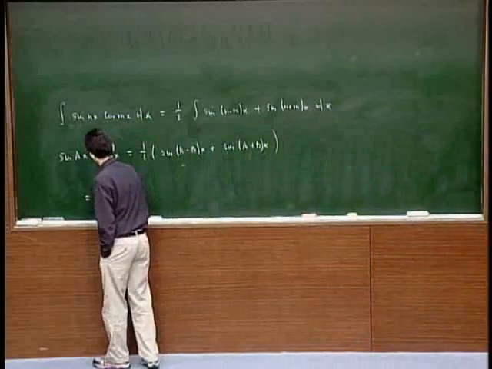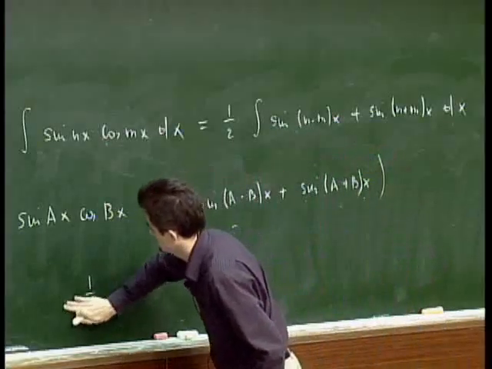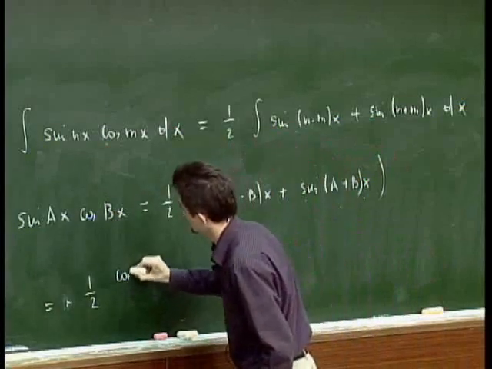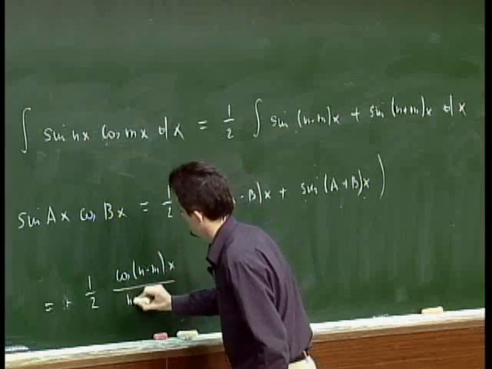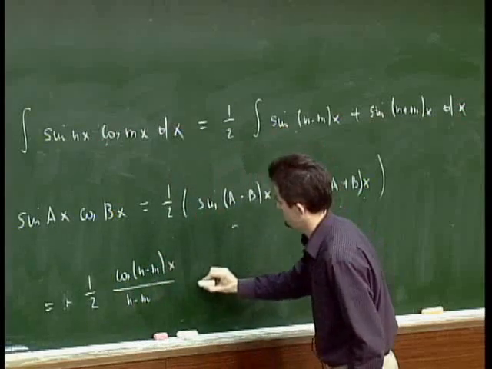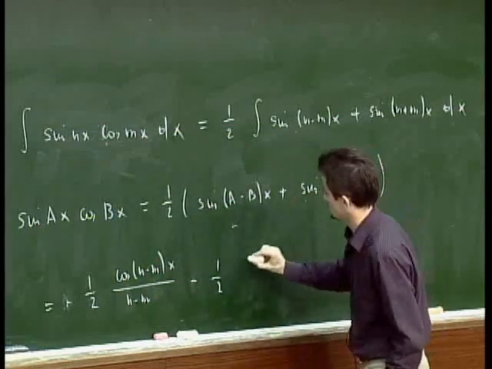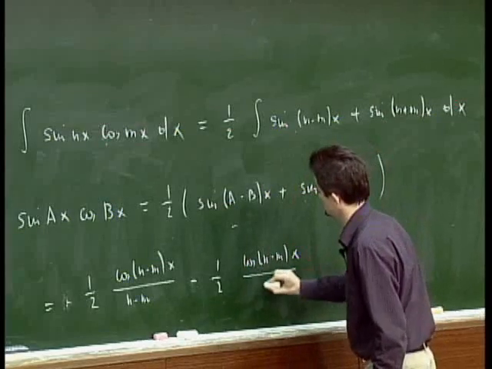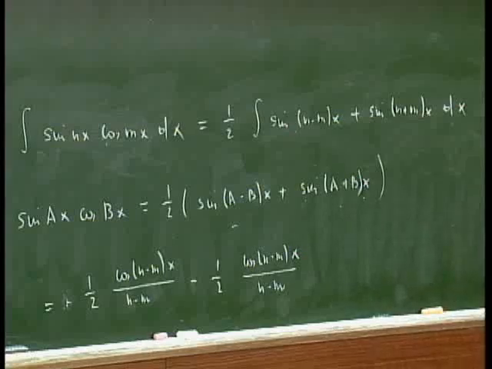So you have 1/2, and for this integral you can do a substitution. What you get is minus cosine of (n minus m)x over (n minus m), plus 1/2 and here you have also minus, and then cosine of (n plus m)x over (n plus m).